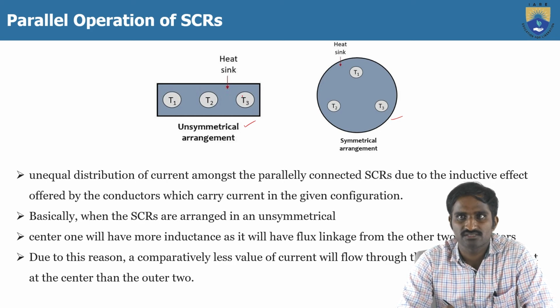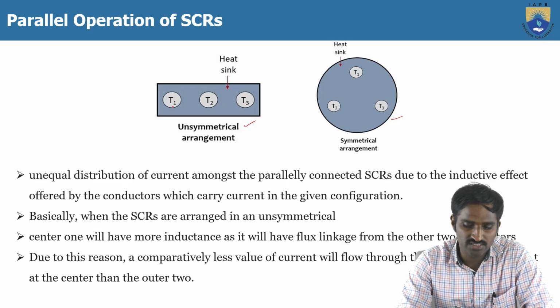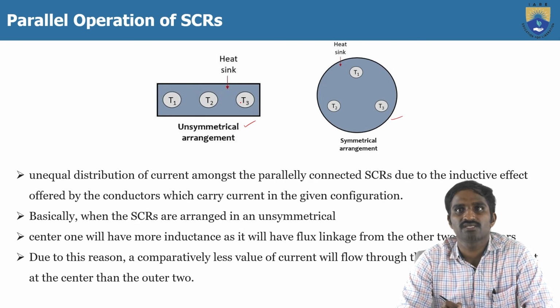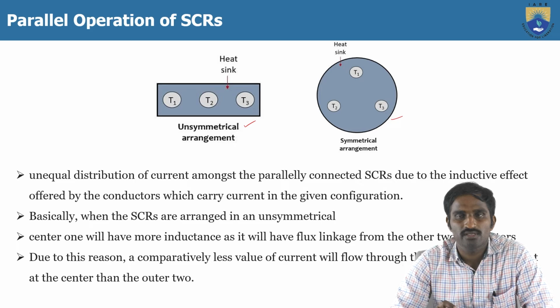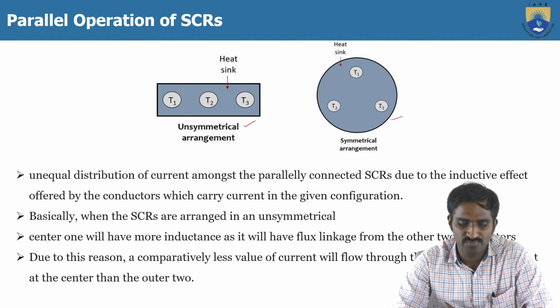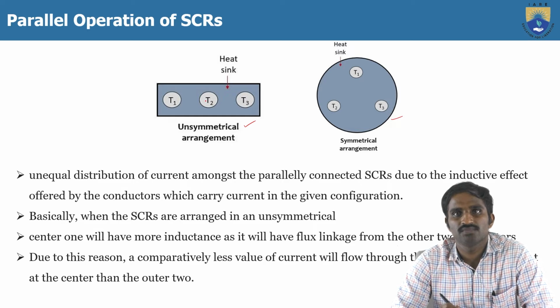But if you consider T1 and T3, T1 will have the effect from T2 only, and T3 also will have the effect from T2 only, but T2 will have the effect from T1 and T3. So due to this reason, a lower value of current will flow through the SCR which is present at the center than through the outer two thyristors.